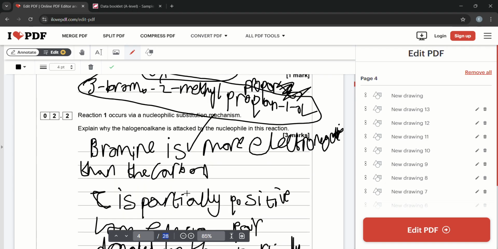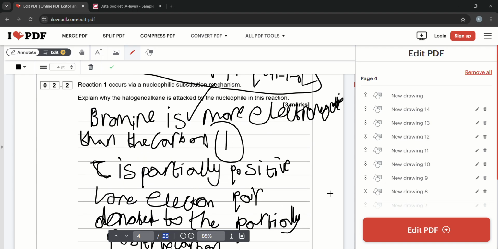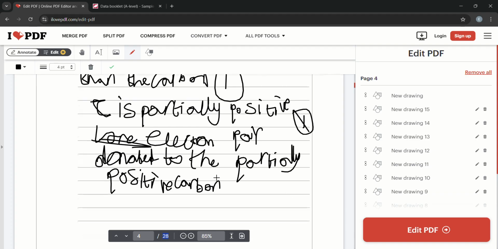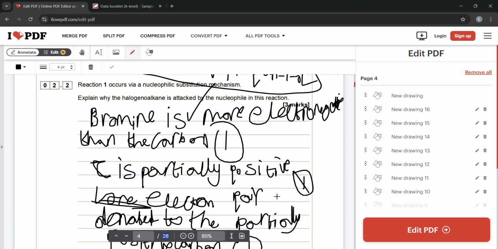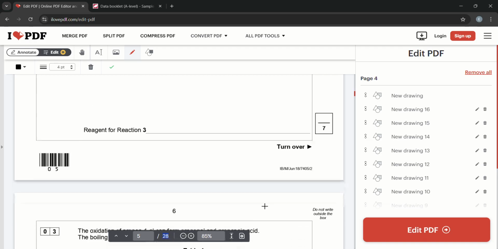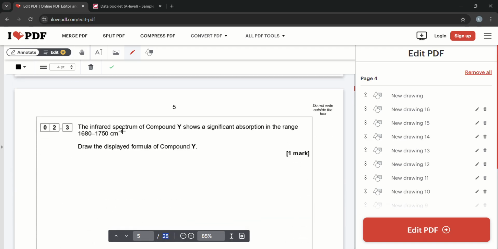So bromine is more electronegative than the carbon. Carbon is partially positive, and the electron pair of the nucleophile is donated to the partially positive carbon, and that will give you 3 out of 3 marks. 2.3, 2.4. 2.3 says the infrared spectrum of compound Y shows significant absorption in this range.